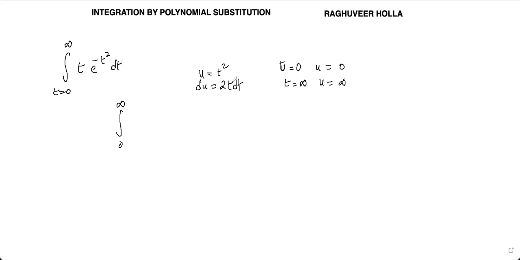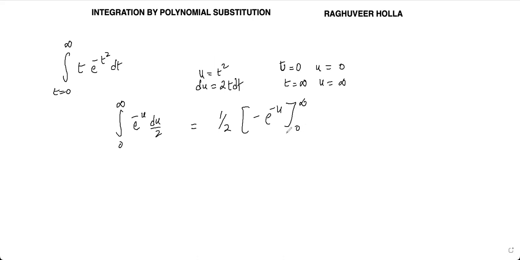So this is t dt by 2, and this is du by 2, and this is e to the power of minus u. Okay, so this is 1 by 2 times minus of e to the power of minus u, 0 to infinity.